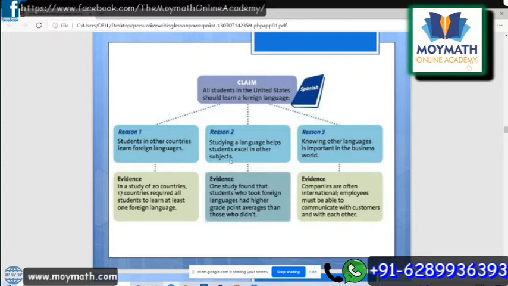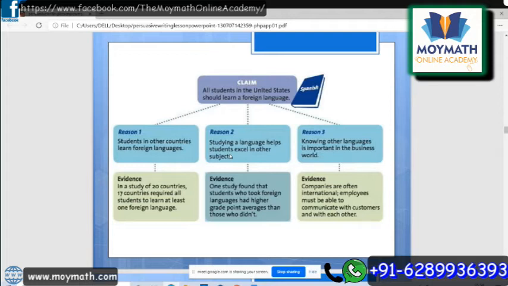Now you see reason two: studying a language helps students excel in other subjects. Do you agree with this? Learning another language can be useful.